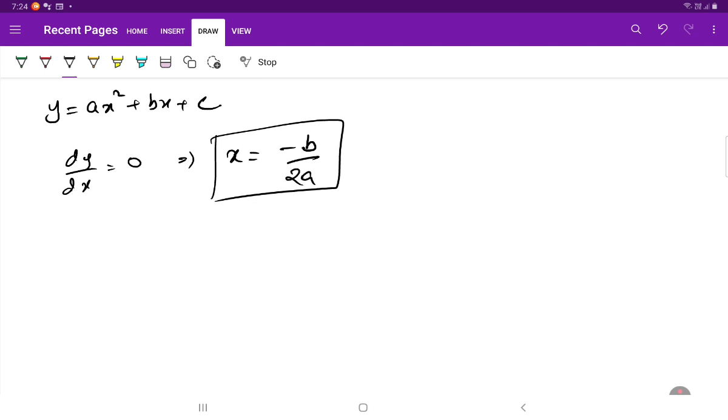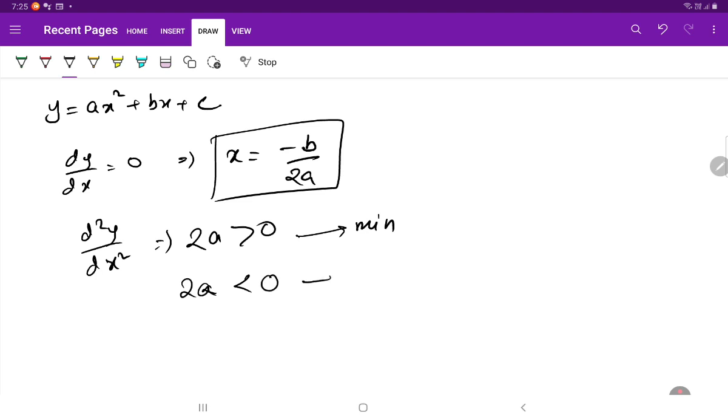I can't say yet whether it's a minimum or maximum. Now what is d2y by dx2? d2y by dx2 is actually 2a, and if 2a is greater than 0, the curve will have a minimum, and if 2a is less than 0, then the curve has a maximum. So that's it for minimum and maximum. We do not have to worry much about them.